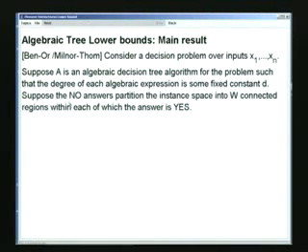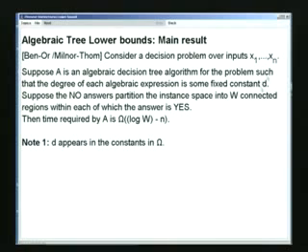Suppose the no answers partition the instance space into W connected regions, within each of which the answer is yes. For simple decision trees, this W for element distinctness was n log n. But in general, the time required by this algorithm is going to be omega of log of W minus n.